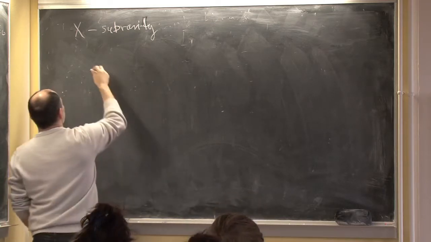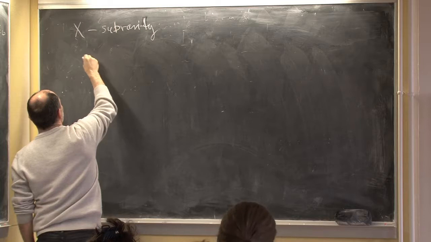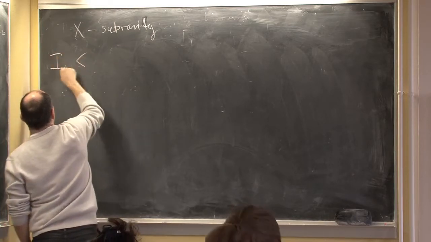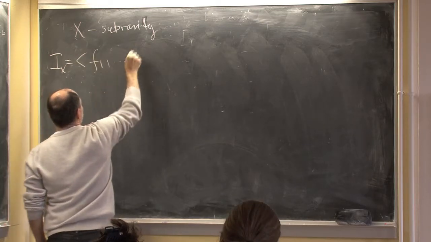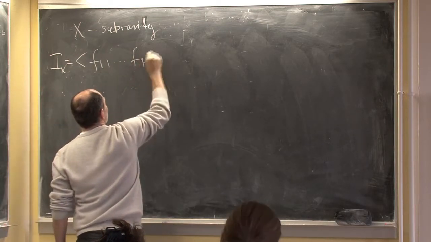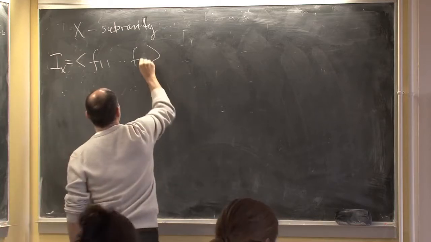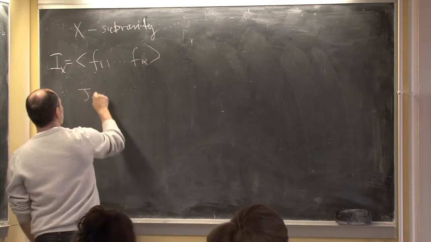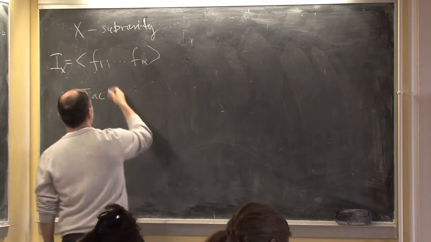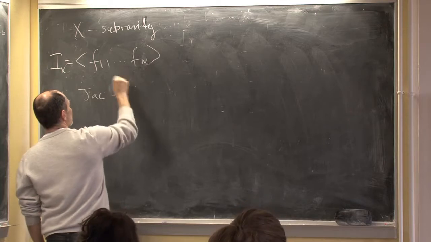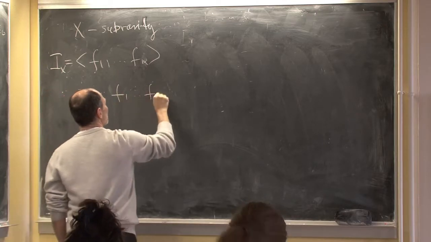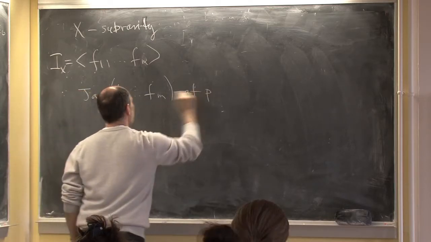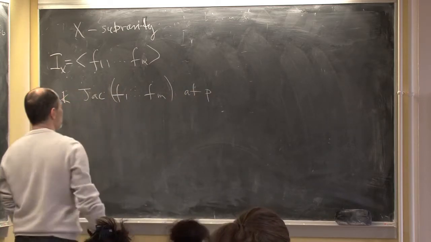Well, now at the point you are, say, the ideal of X is generated by some functions f1 up to fm, and now you just look at the Jacobian matrix of the f, and you look at the point p, and you look at its rank, and it's again the same thing.